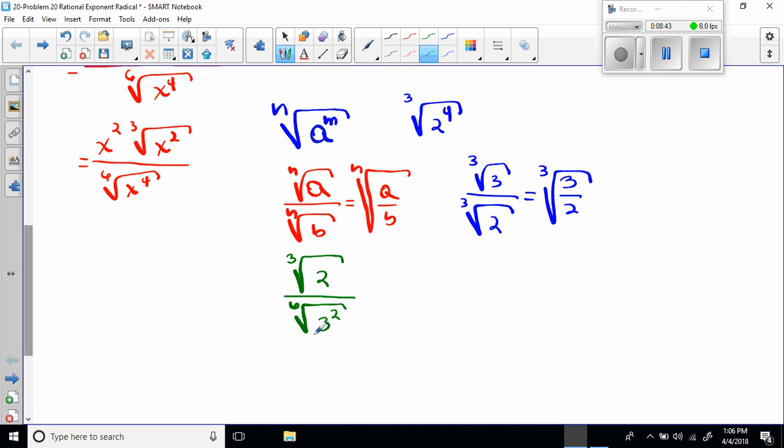But if you look at this radical down here, the index is 6, the power for the number 3 is 2, so it is possible to simplify this, because the 2 that is a power here divides the number 6, and the 2 divides itself. So what we're going to do is simplify here and see if we get the exact same index, and then we combine the two radicals together.